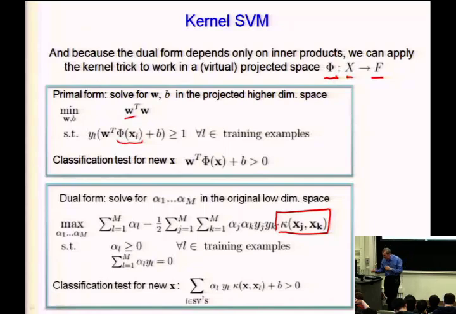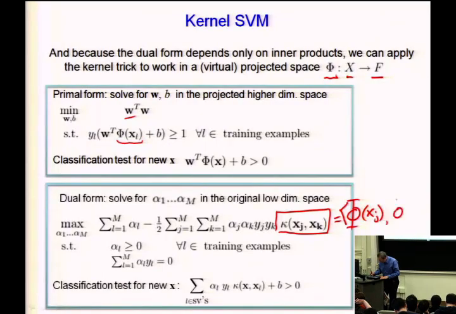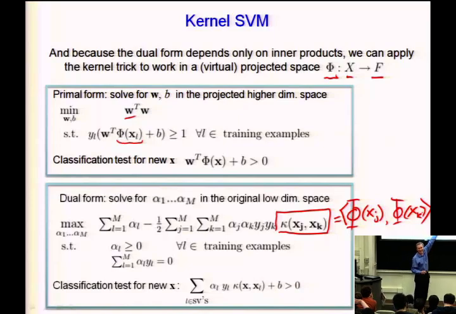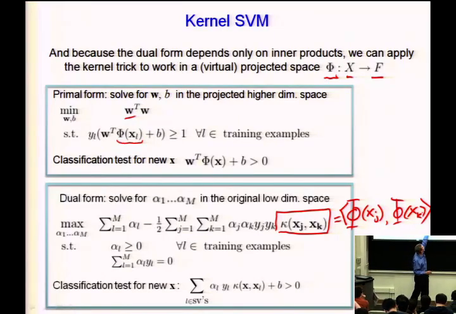Equivalently, I could have said phi of xj dot product with phi of xk. Of course, that would be equivalent because this is our definition of a kernel function. For a projection phi, it is the kernel.